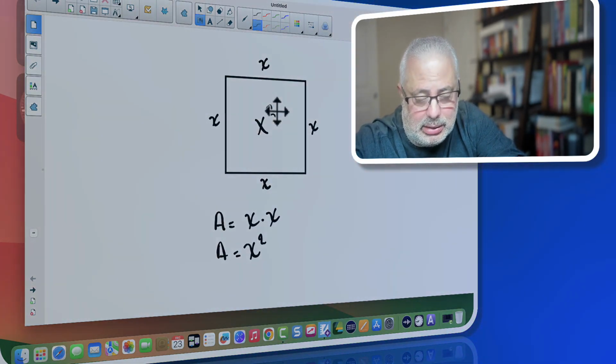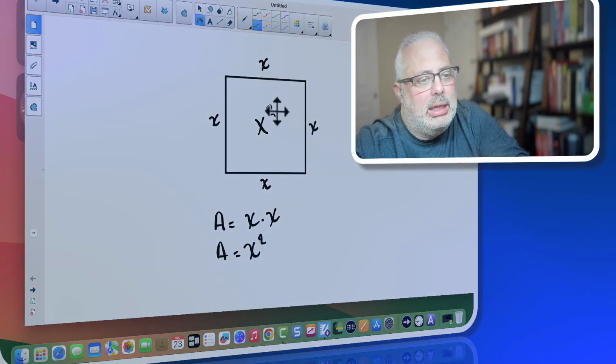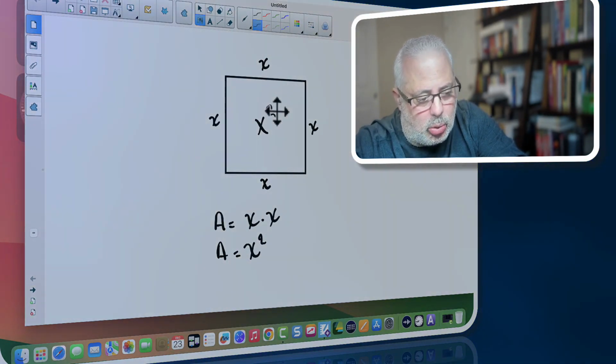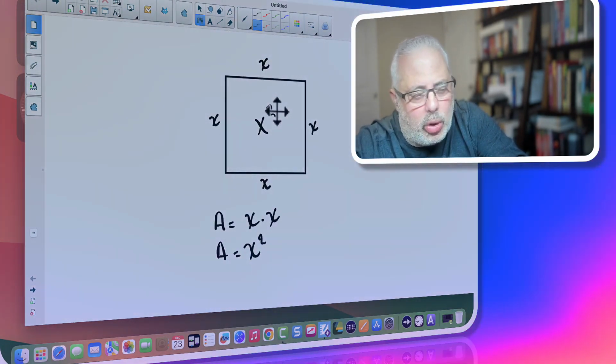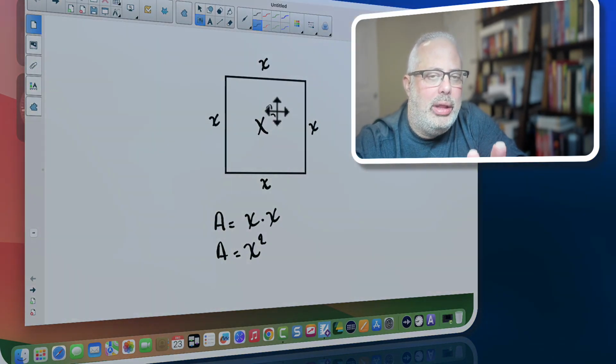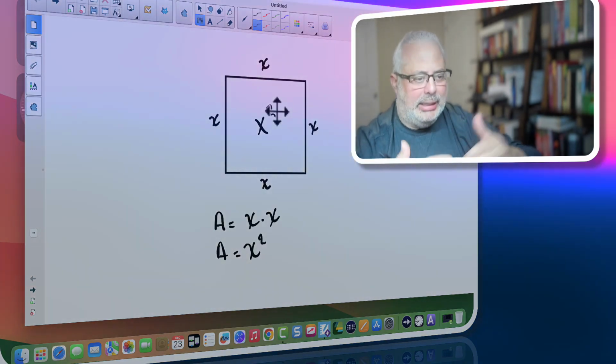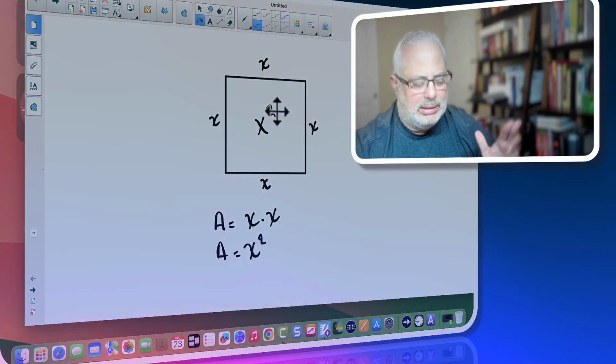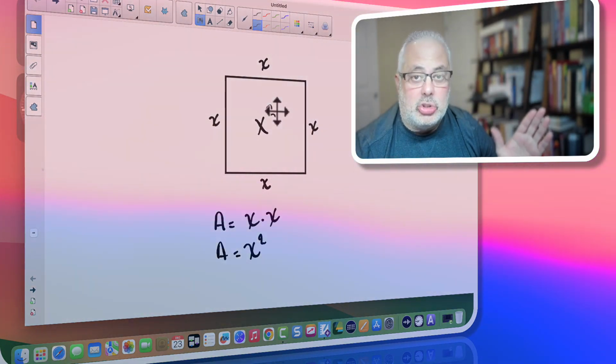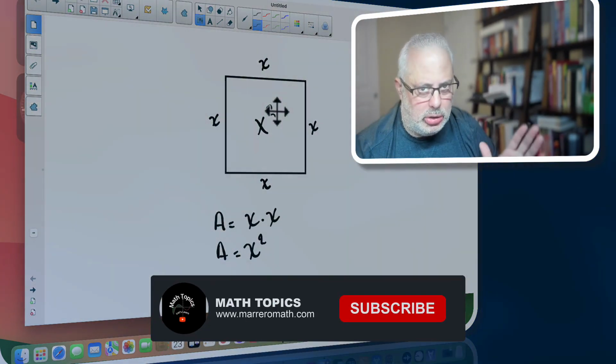The area is equal to x times x, or A equals x squared. And this is when the teacher needs to make the opening of algebra, the opening of a quadratic structure.